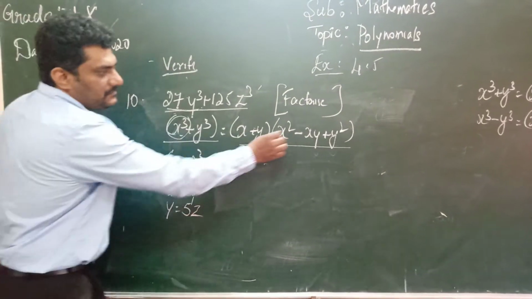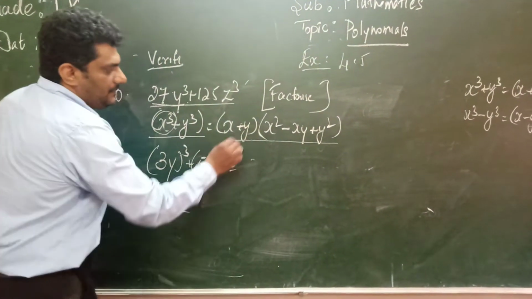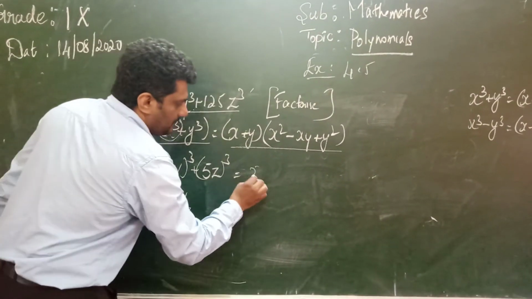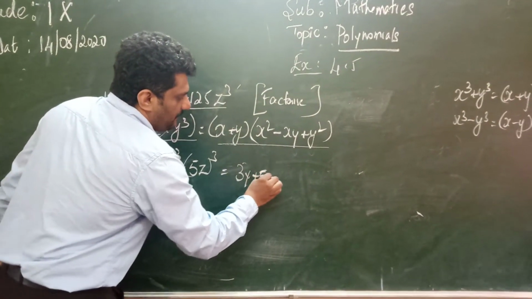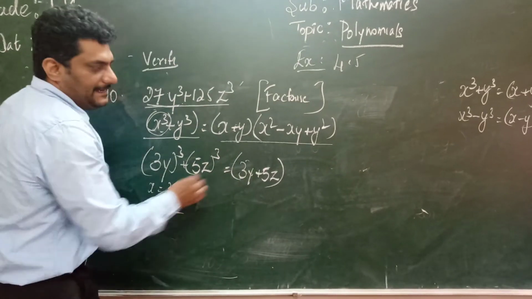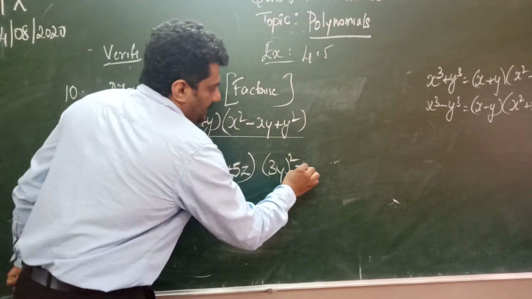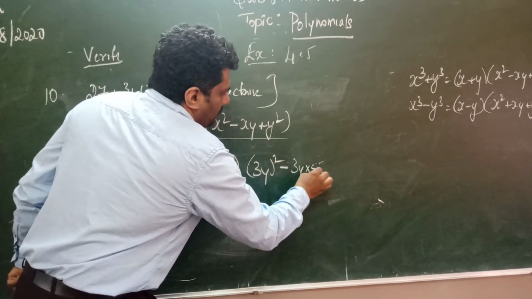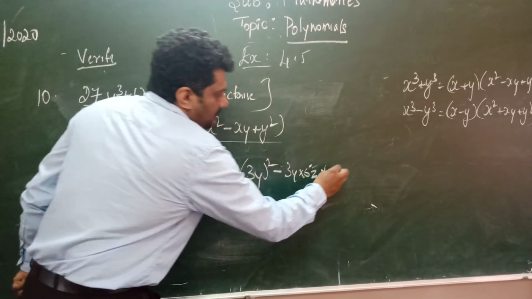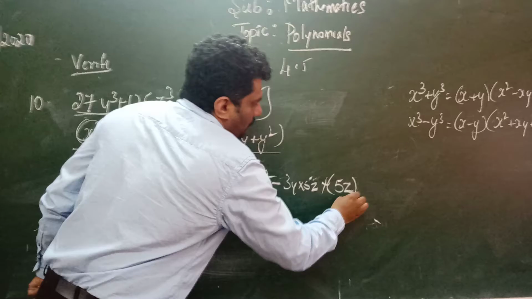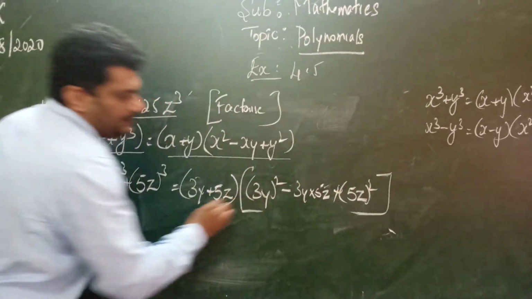Now put these values into this formula. x plus y, which is nothing but 3y plus 5z. And this one, 3y whole square minus 3y into 5z plus 5z whole square, with a bracket.